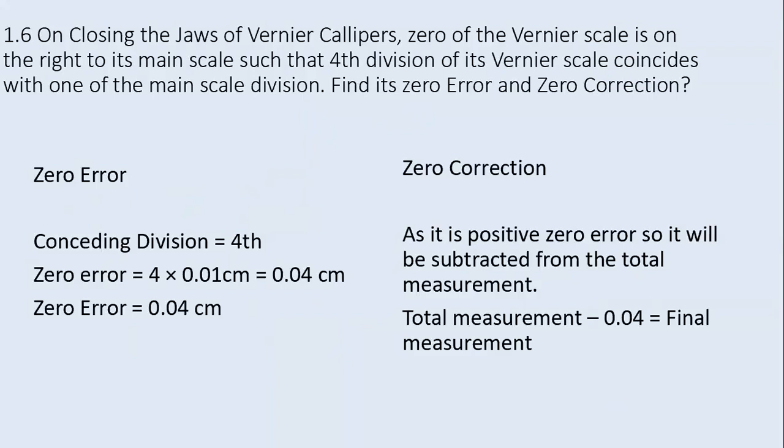So first we will go into detail of zero error. What is zero error? In the instrument vernier caliper there are two scales. One is the main scale and the other one is the vernier scale.